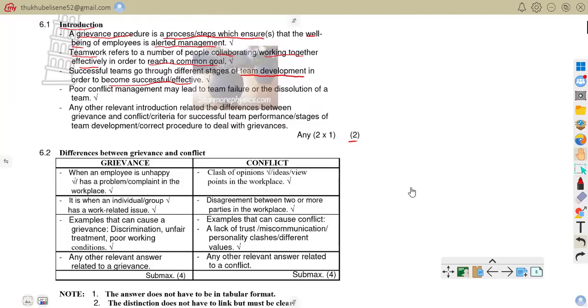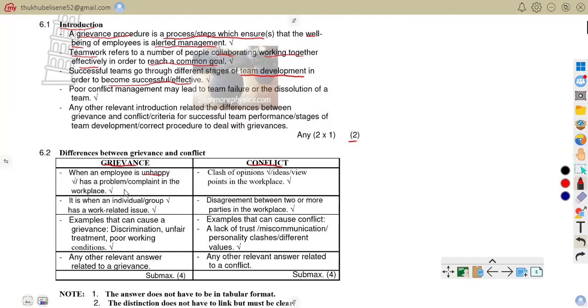Another aspect was to differentiate between a grievance as well as conflict. So it says when an employee is unhappy or has a problem or complaint in the workplace, that is what? A grievance. That is when the employee is not happy.